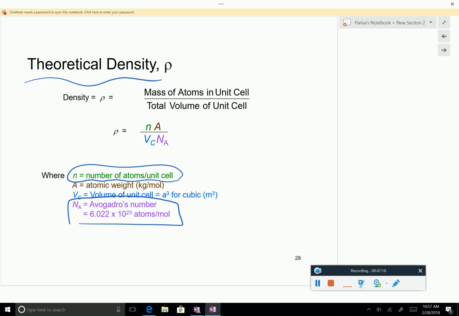A nanometer is 10 to the minus 9. So we have millimeter, micrometer, nanometer: 10 to the minus 3, 6, 9. What is the unit? Don't forget the unit.